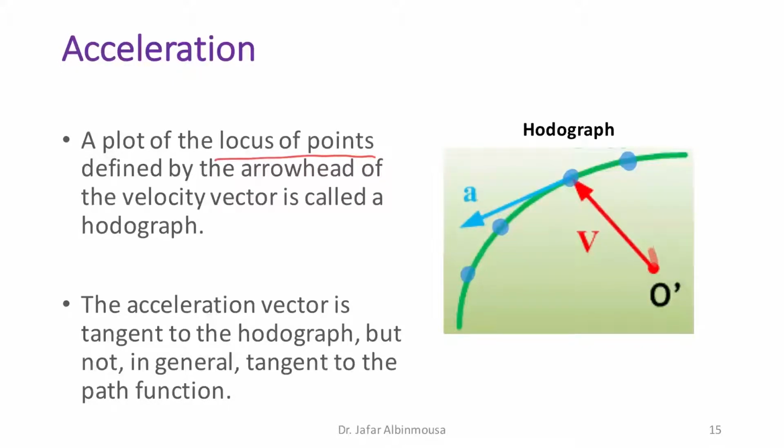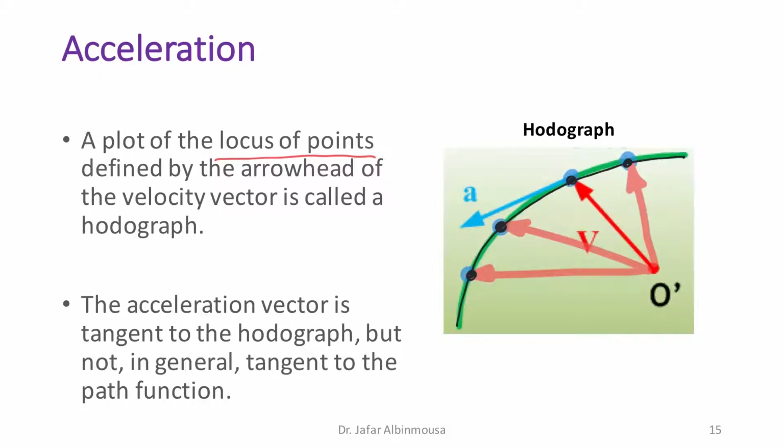If we draw the velocity vector like this, this is the velocity vector, and then we have this one over here. Later, we will have another velocity vector, and so on. Now, as you see, the arrowheads over there, this one, this one, this one, and this one, if we connect them with a path, then this path is called the hodograph.